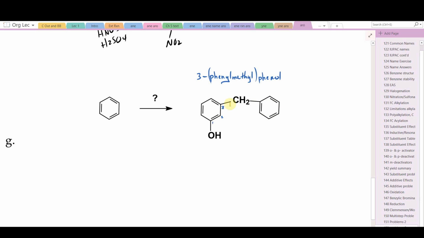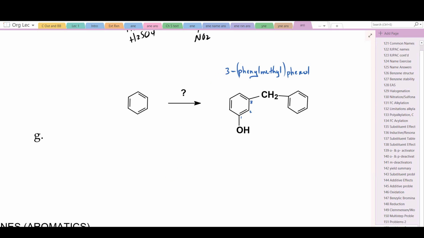Now we could add it by alkylation or acylation, but considering that we want the next group to go on meta to it, we should add it as an acyl group so we can take advantage of that. So let's add benzoyl chloride with the Friedel-Crafts catalyst.